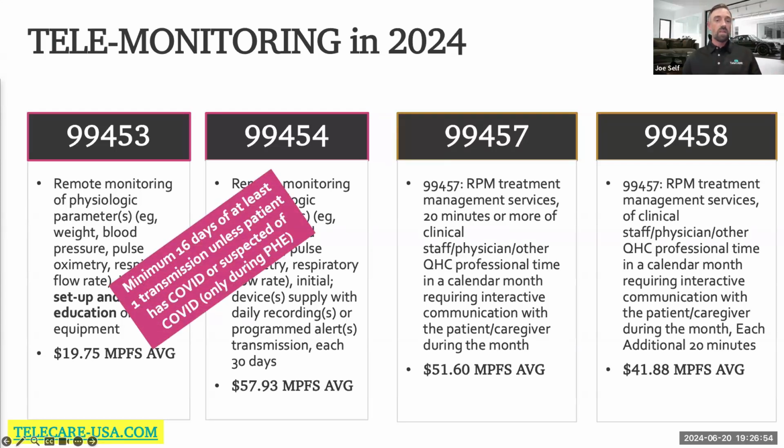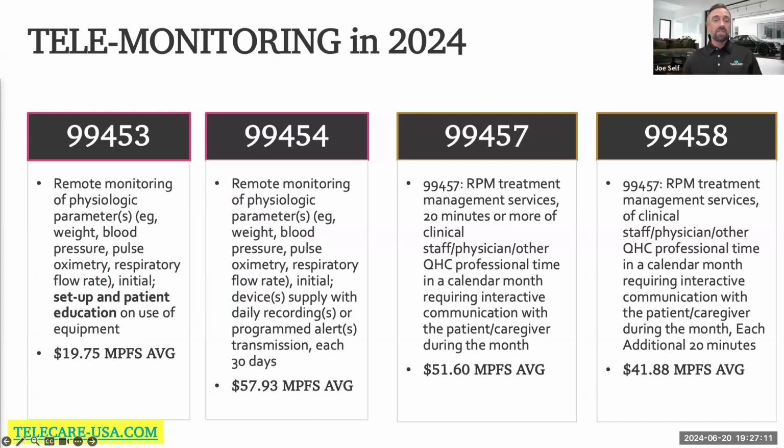Just like the graphic says here, 16 days of testing. One thing to note, because this question gets asked a lot: is that 16 tests or is that 16 days? It's 16 days of testing. Another question that gets asked is, what if I have a patient that has blood pressure monitoring and glucose monitoring?